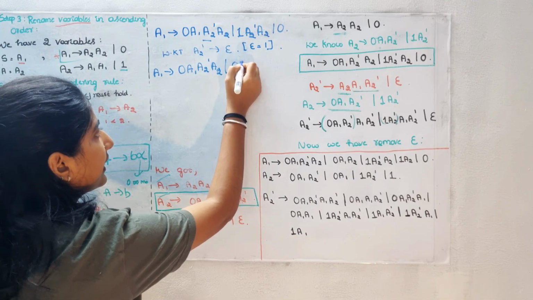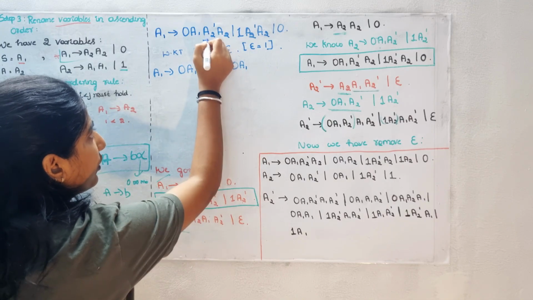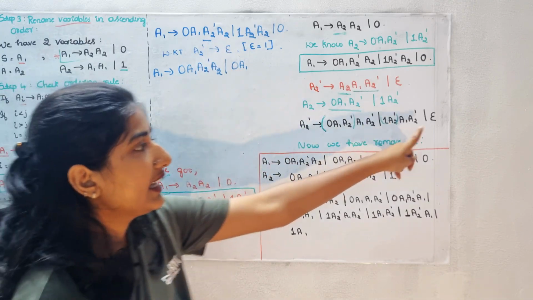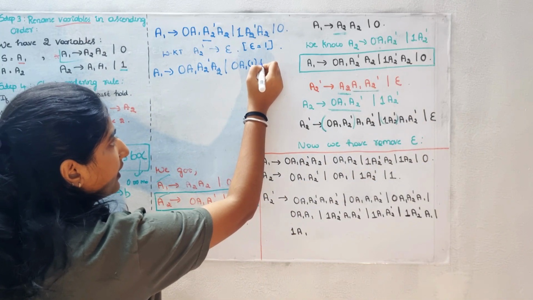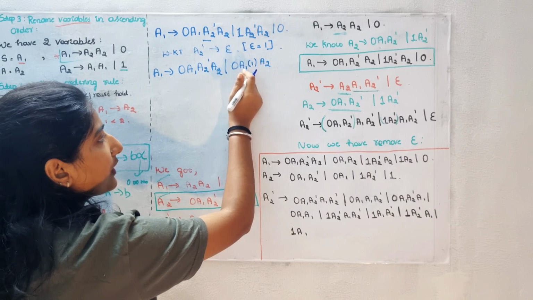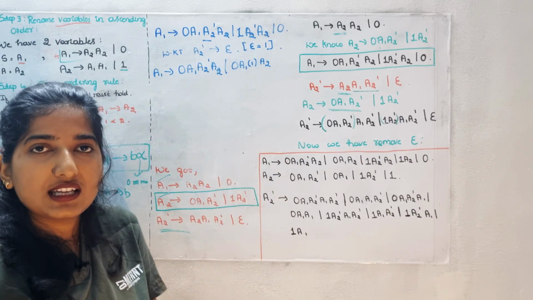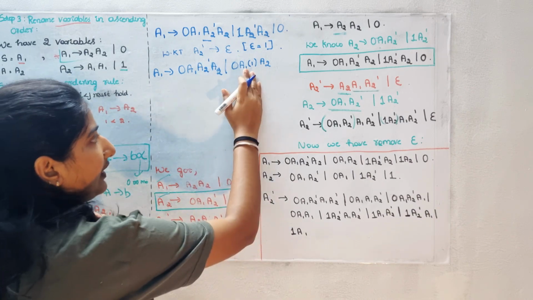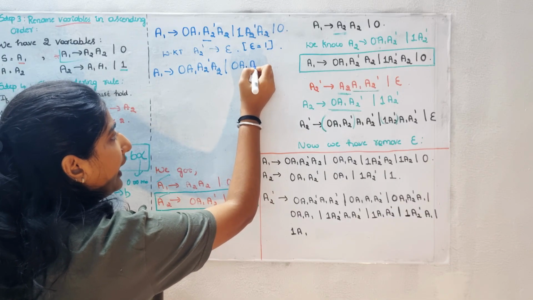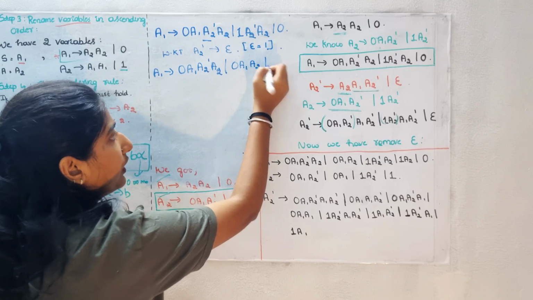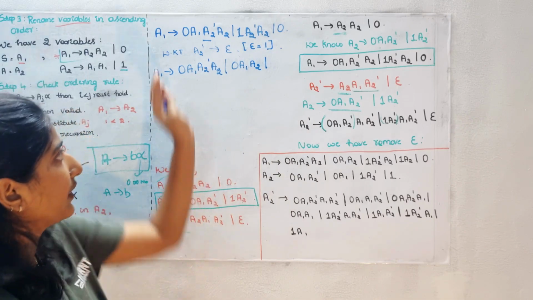Again, let me take the value of this A2 dash as this epsilon. So epsilon means 1, right? 1 A2. 0 into A1 into 1 means no need to write A1, right? So it will be 0 A1 A2. I hope you understand this one.